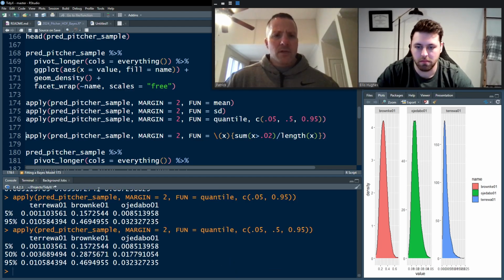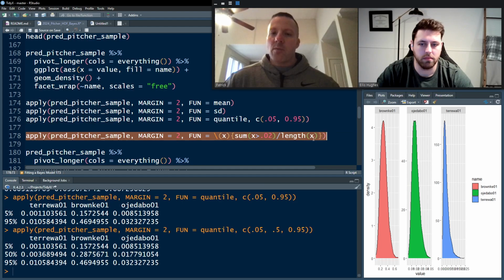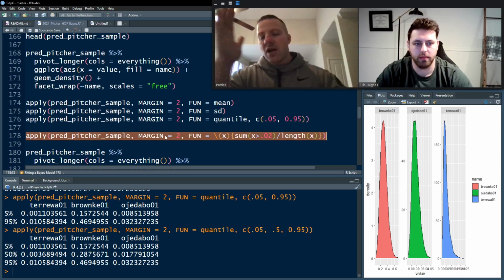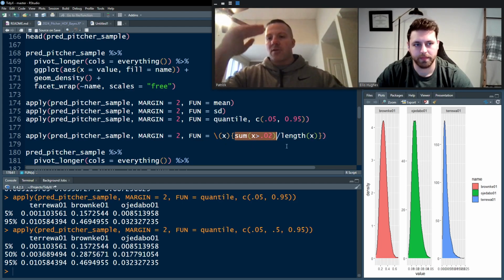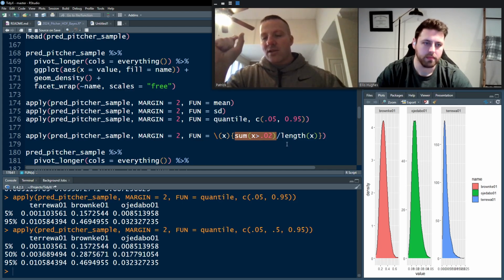And then finally, which is sometimes what we want to do when we make decisions with distributions like this, we might want to quantify the integral of the probability of being above or below certain thresholds. So for example, here we wrote a little custom function that says, take the observation for each of these columns, sum up the number of times in each of those 4,000 multiverses that we see a value that's greater than 0.02, so greater than 2%, and then divide by the length, divide by 4,000.